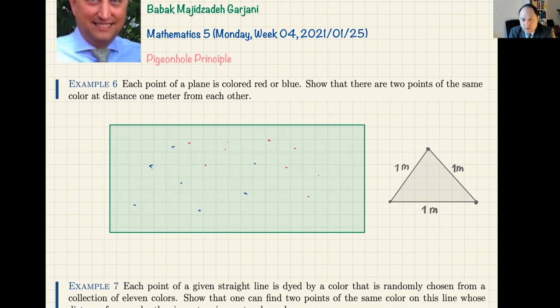If you understand the reasoning, what is going to play the role of pigeons in this problem? Is it the lines in between? No. So these points, the corners, are going to play the role of the pigeons. And what is going to play the role of pigeonholes?